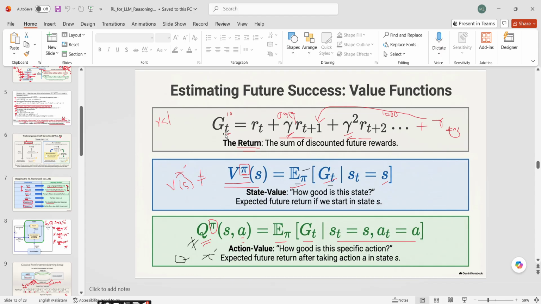We also understood the concept of discounting: future rewards might not be because of something I did at timestamp t, so in order to minimize the effects of the future rewards, whether they were good or bad, we discount them using a factor called gamma, the discount factor.